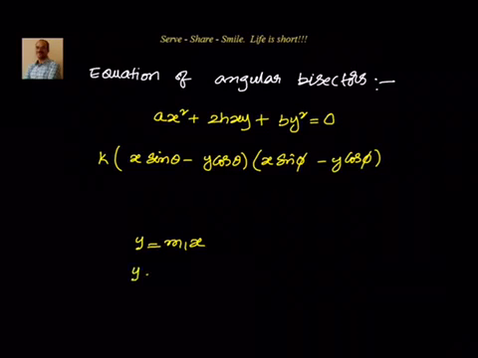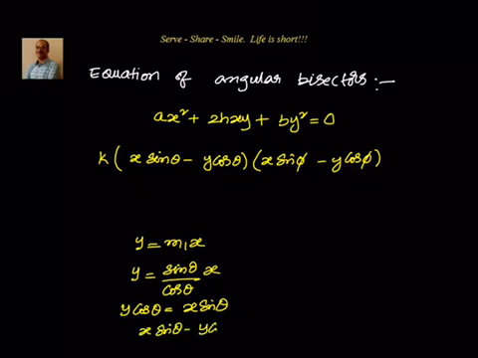Can I say that m1 is nothing but tan θ for an angle θ, then y = (sin θ/cos θ)x, or y cos θ = x sin θ, or I can write the equation as x sin θ − y cos θ = 0. Similarly, the other equation will be x sin φ − y cos φ = 0 for an angle φ. The combined equation is where you multiply both of them together. So that's how we got this equation in place.